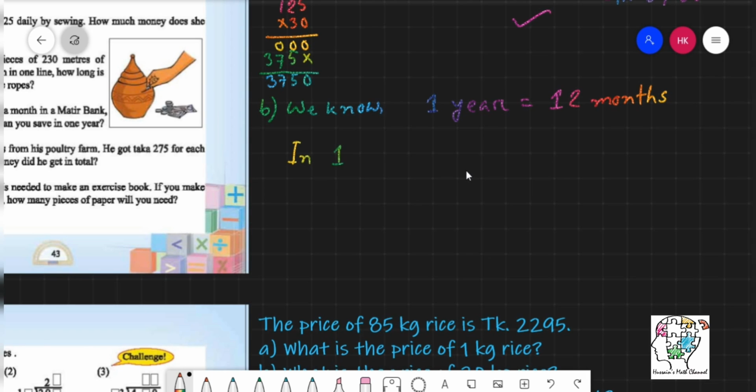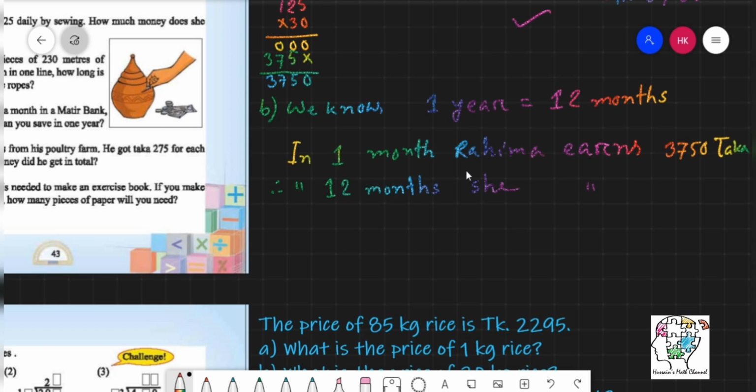So in 1 month Rahima earns 3750 taka, right? So if we write in 12 months, she earns more. So we multiply 3750 times 12, because 12 months is more and we have to multiply it.